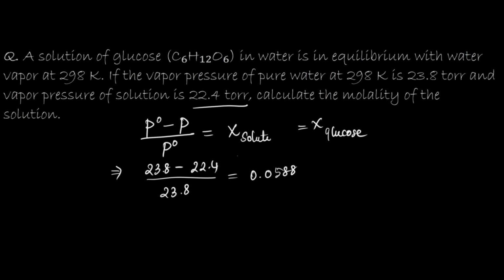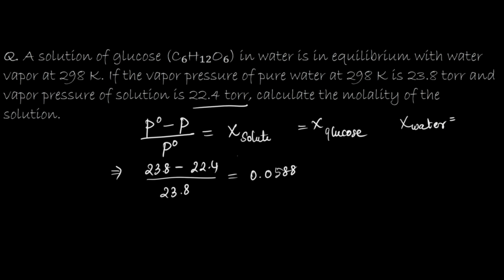So once I found the chi of glucose, I have to find the chi of water as well. Here they didn't mention the volume, so in general we take 1 kilogram. Why am I taking a kilogram? Because they are asking for molality. It's related to kilograms, right?